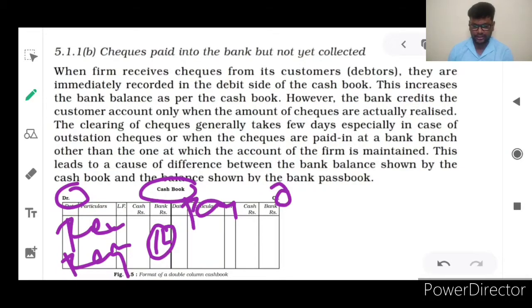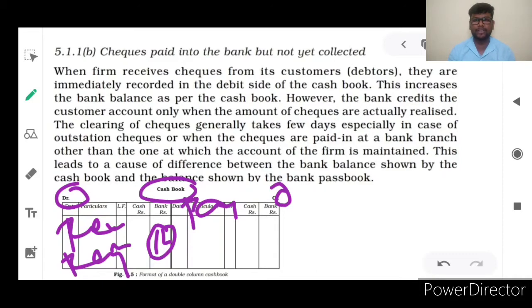So in this situation, the bank balance as per the cash book increases. Yes, definitely it increases the bank balance in the cash book, because it is entered on the debit side of the cash book. However, the bank credits the customer's amount only when the checks are actually realized.